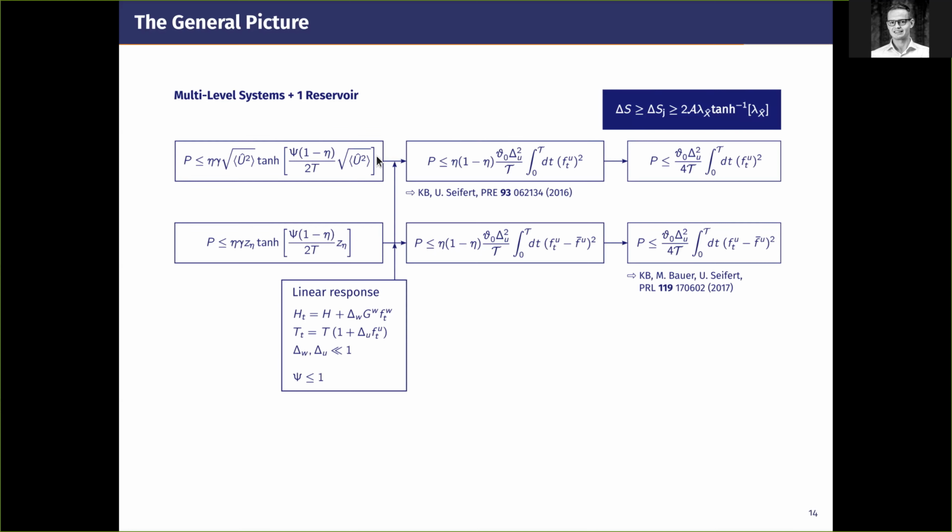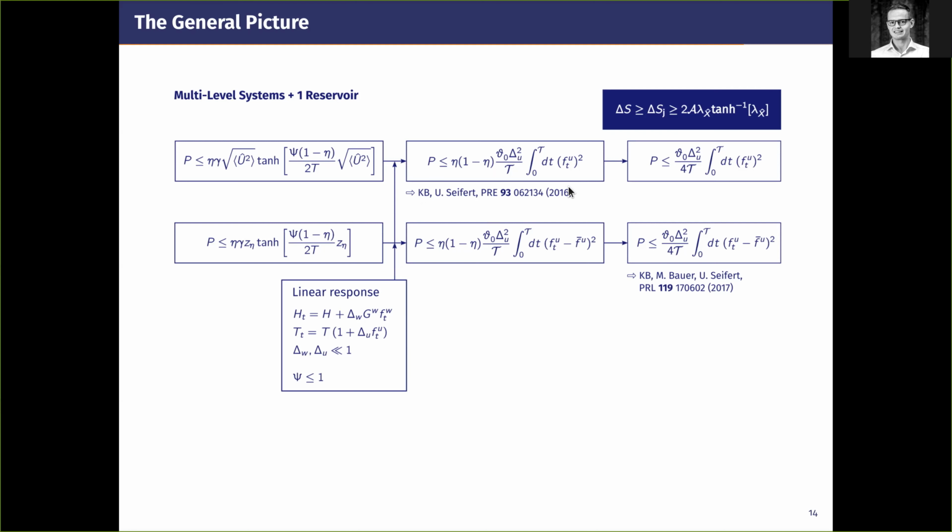And now what's nice is if you go to the linear response regime, so expand your Hamiltonian and you expand your temperature with delta W and delta U being small dimensionless parameters, you get back these bounds here, where theta naught is now a quantity which is independent of the driving protocols, essentially depends only on equilibrium properties of your systems, whatever it may be.